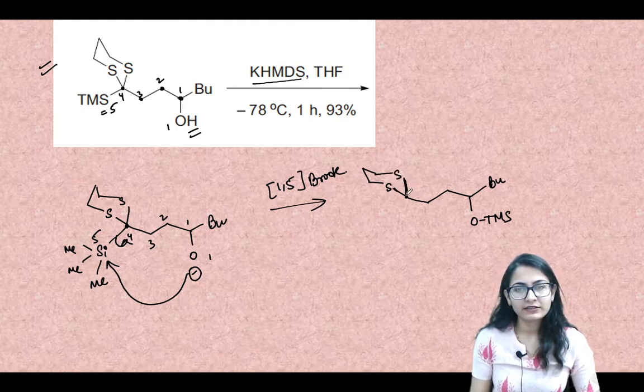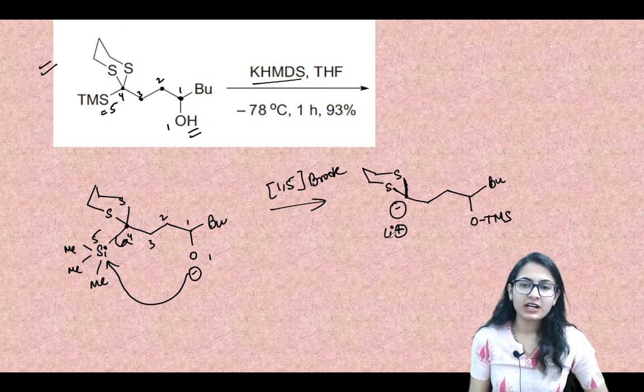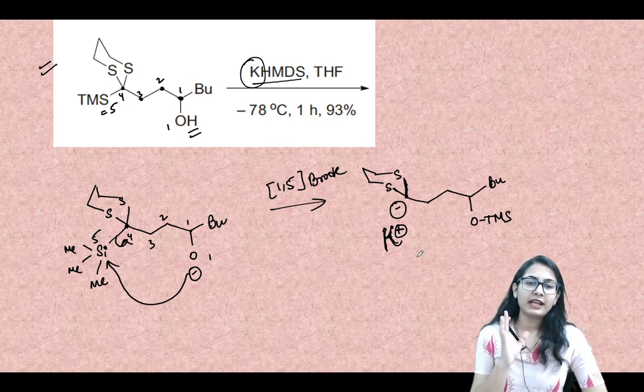Alright, basically it is our diethylene system. And the negative charge is going to be stabilized by the lithium. Or basically you have a potassium over here, so let's write potassium, as the counter cation.